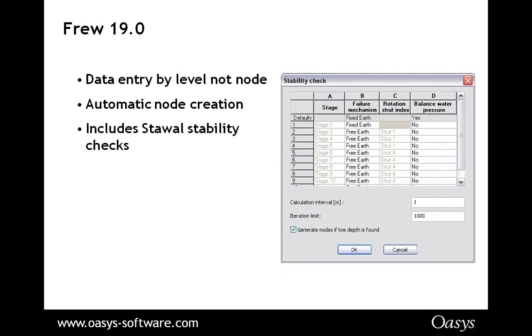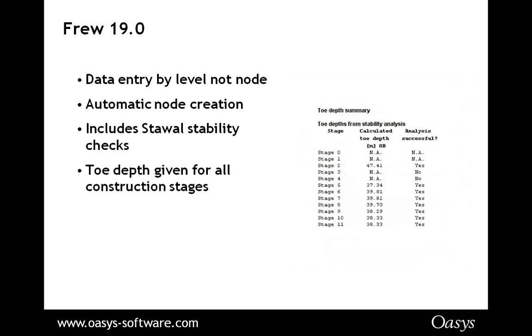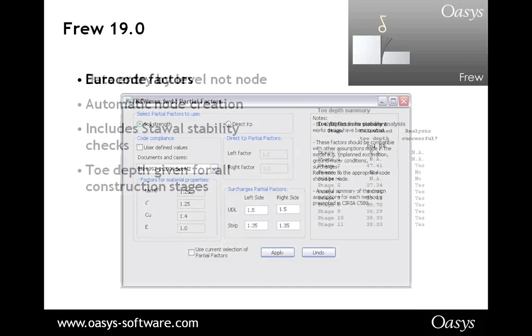Previously, if you did the Starball stability check, you had to do one check for every construction stage, whereas now Frew will do a stability check for every single construction stage, and as part of that, it will work out your required toe depth embedments for every stage, and then give you the worst case.